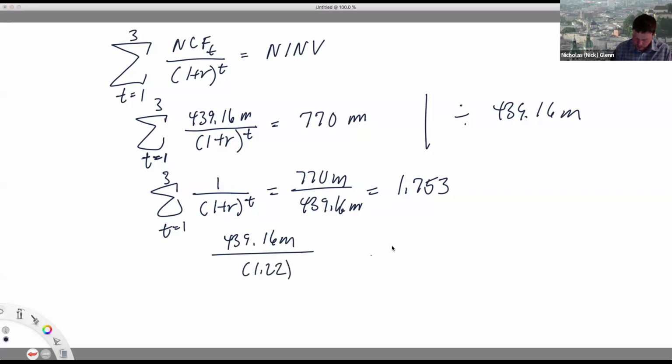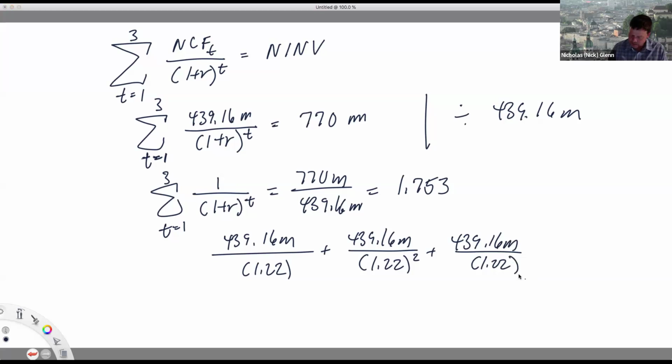If you discount it by 1.22, that is a 22% internal rate of return. Add this cash flow 2 years from now, discount this for 2 years, and then add this last cash flow, and you have to discount it with this internal rate of return 22% for 3 years. This will cause you to break even and be equal to 770 million, this initial amount that you have to borrow to make this investment here.